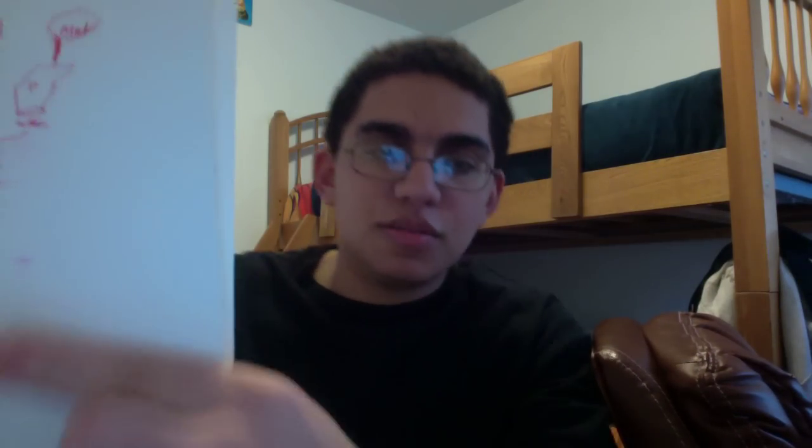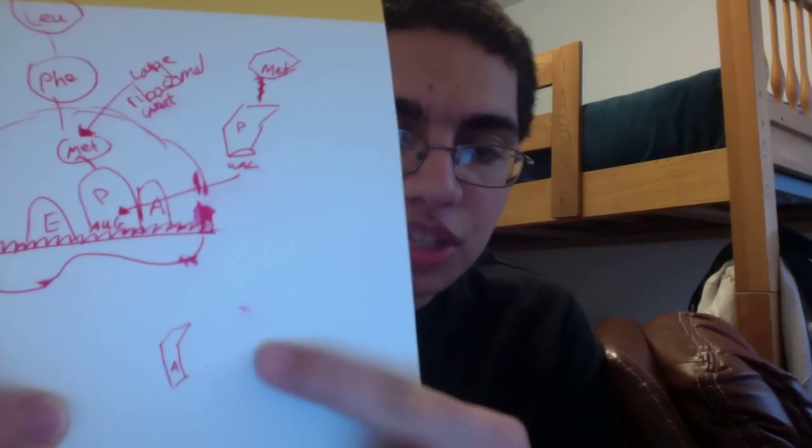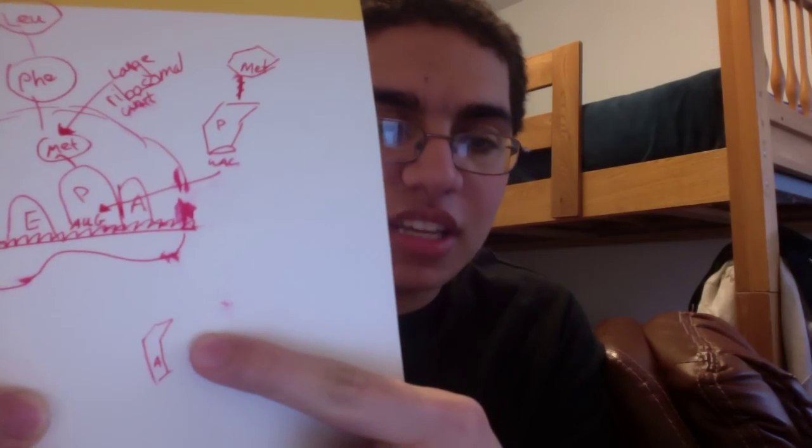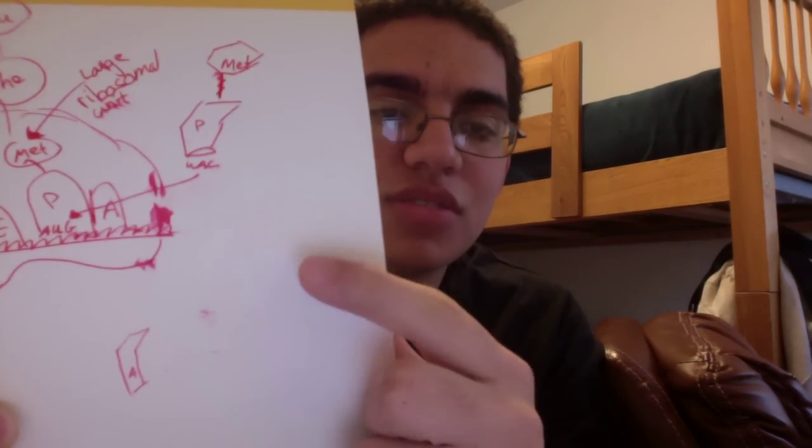Remember this shape right here? This shape is transfer RNA. But this is on the A site. So we have a transfer RNA on the A site, and it has an amino acid. We'll call it Phe. It doesn't really matter, like I said, okay?